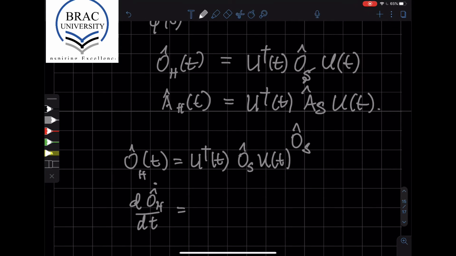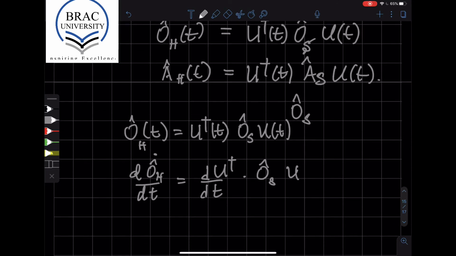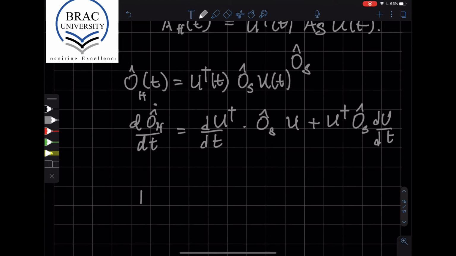According to its definition, we are going to use the Leibniz rule. So first we take the derivative of U dagger, and then there is O_S and times U, and then O doesn't depend explicitly on time, so there won't be any derivative term for that. Then we are going to have U dagger, O_S, and then dU/dt. Now let's look at what dU dagger/dt is.